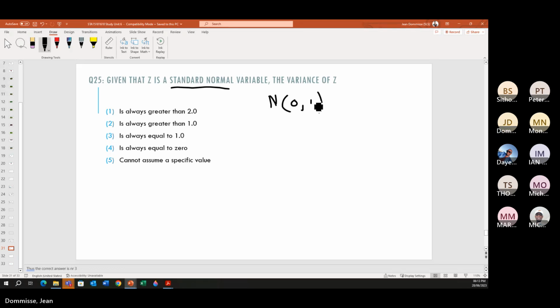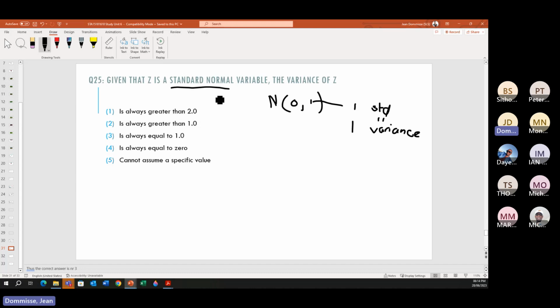Because your standard deviation is 1, your variance is 1. So it's the only time where they will be the same.